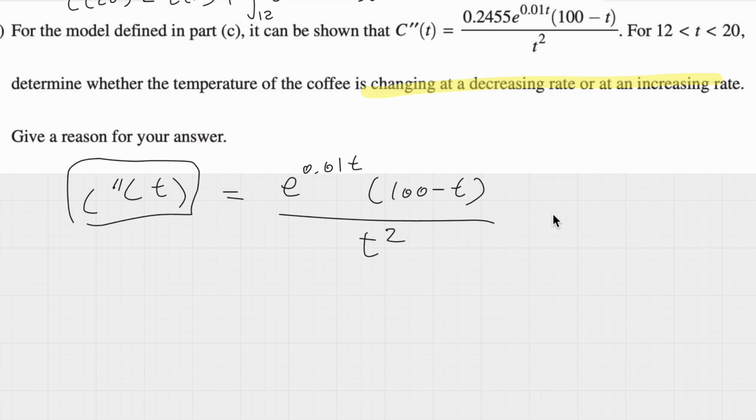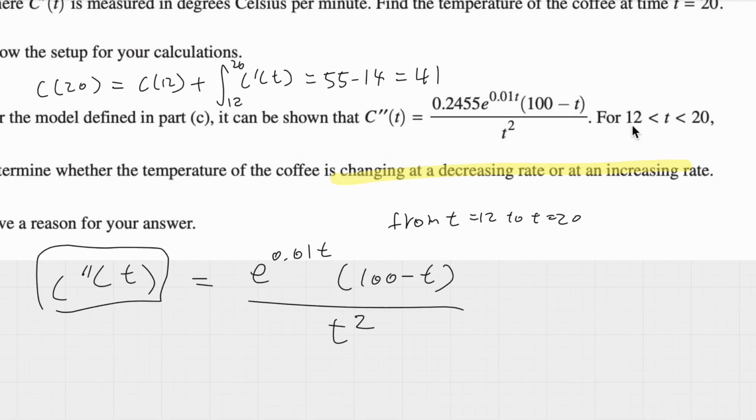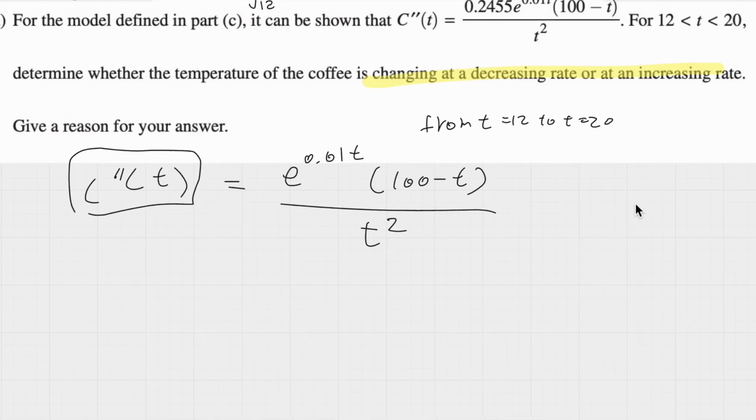Well, we know that from t equals 12 to t equals 20, as you can see from the question written here, this part is going to be positive, right? This part will also be positive, and this part will also be positive. So it is always bigger than 0.